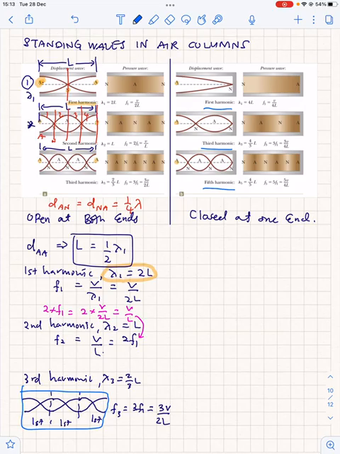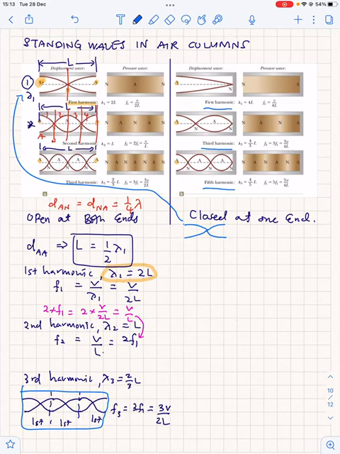Why does that happen? If we use drawing, this is the shape of the first harmonic. Let's say we add another first harmonic. This is actually the same as what we have in open at both ends, sorry.